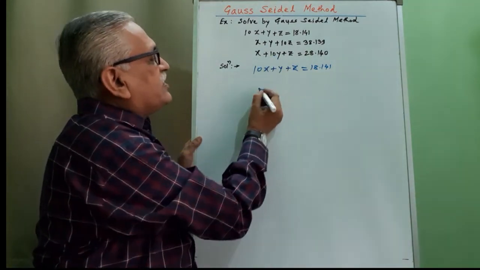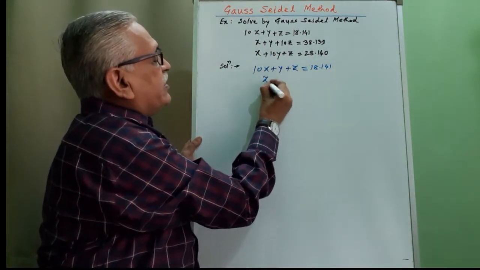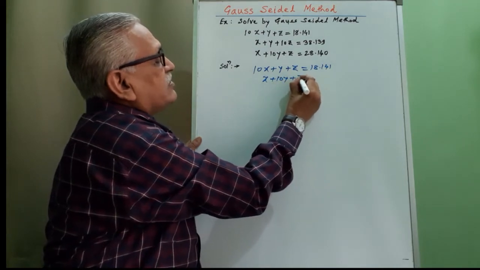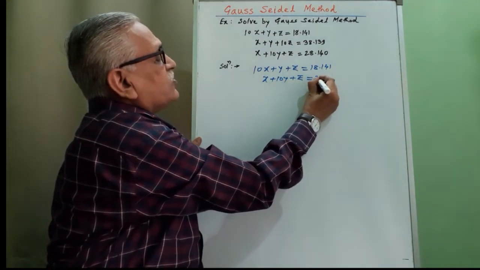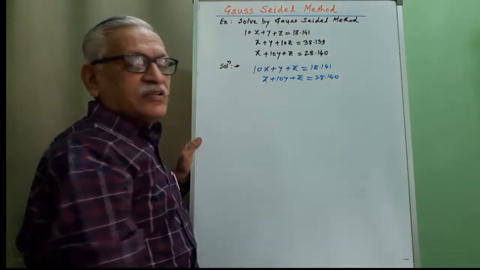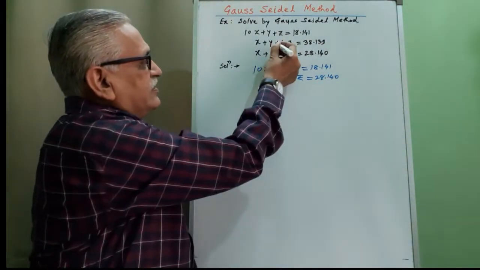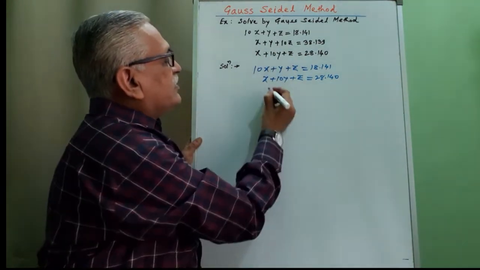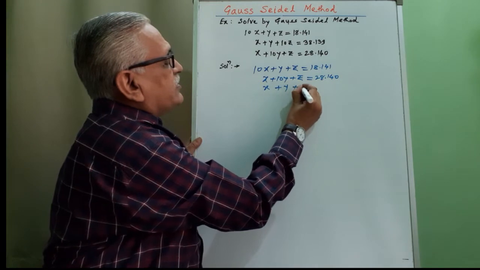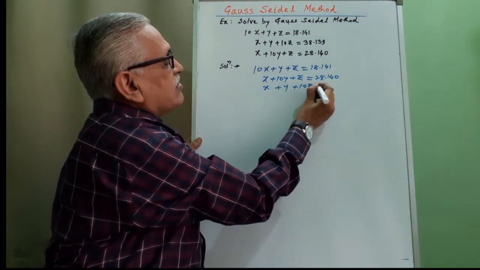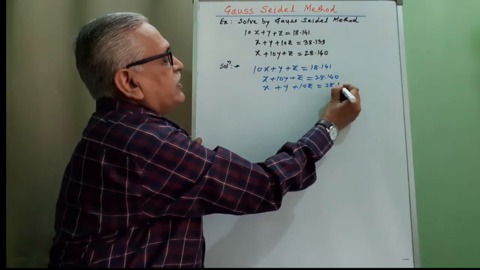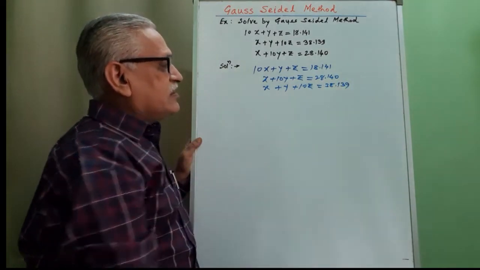Therefore, this we consider as the second equation: x + 10y + z = 28.140, and the second as third: x + y + 10z = 38.139.